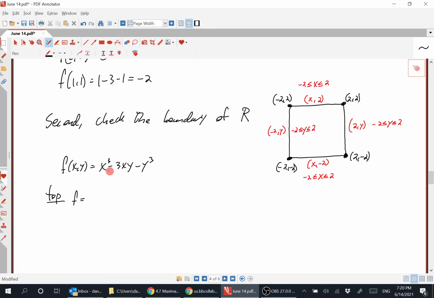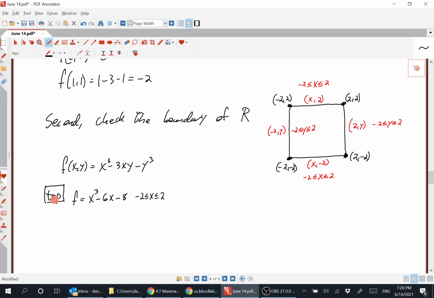So that's x to the third minus 6x minus 8. x to the third minus 6x minus 8, again for minus 2 less than or equal to x less than or equal to 2. So that's a single variable function.